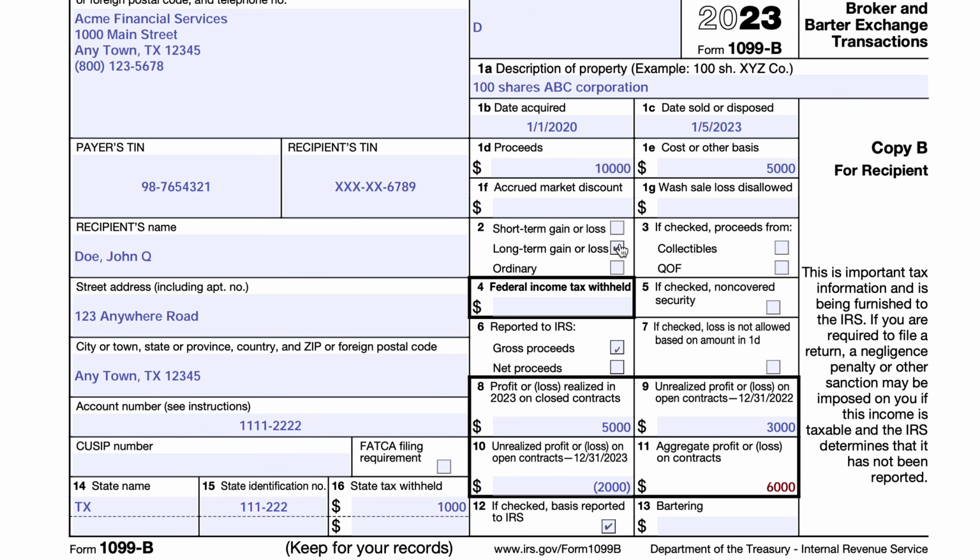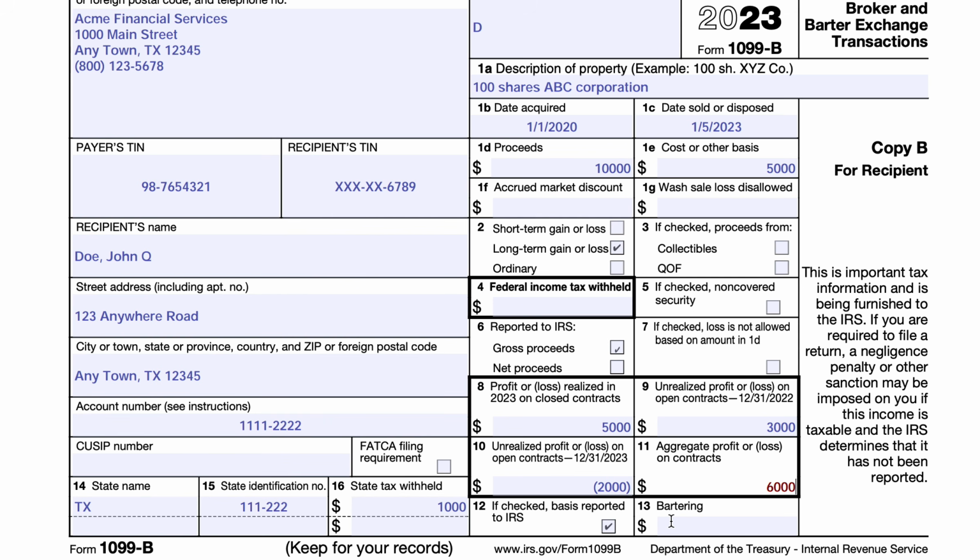If there's no adjustment required, then you can refer to the instructions on Schedule D. You may be able to report your transaction directly on Schedule D under certain circumstances. If the ordinary box in box 2 is checked, then you may need to make some adjustments before reporting this on your tax return. And then box 13 has to do with bartering transactions.